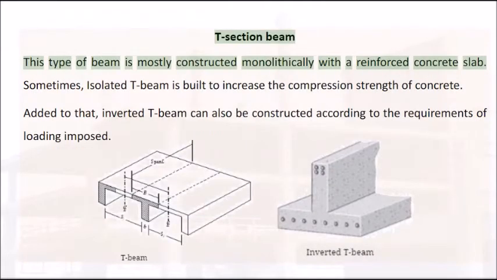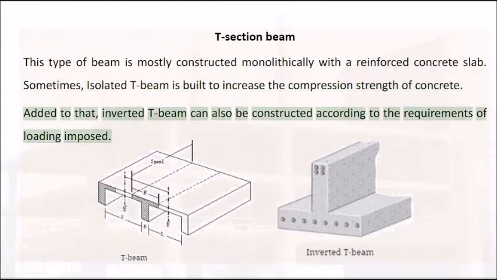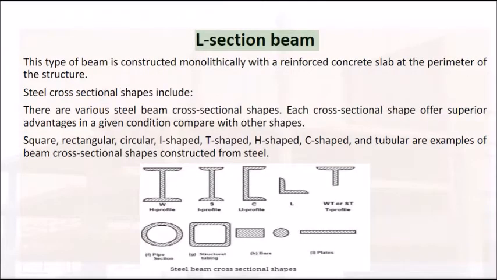This type of beam is mostly constructed monolithically with a reinforced concrete slab. Sometimes, an isolated T-beam is built to increase the compression strength of concrete. Added to that, an inverted T-beam can also be constructed according to the requirements of the loading imposed. L-section beam.